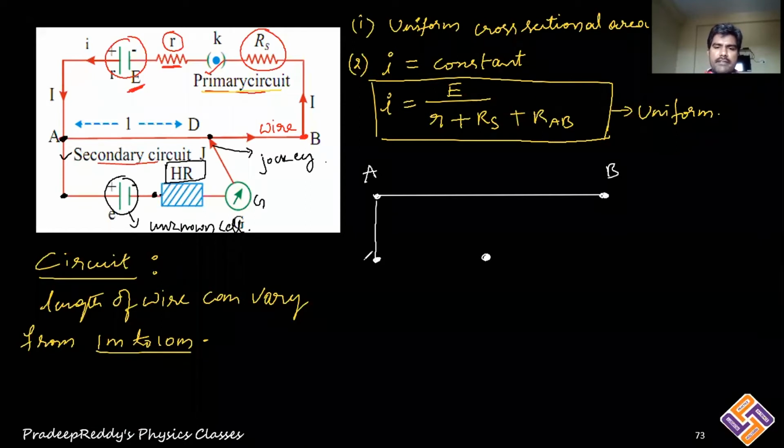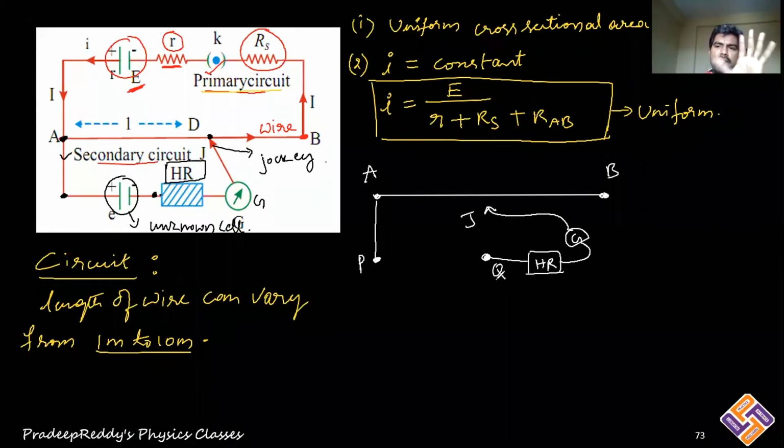AB is a wire and it is connected with these 2 points, and I name these P and Q. From here you are connecting it to a high resistance box, and from here you are connecting it to a galvanometer, and along with the galvanometer you are connecting it to a jockey J. Okay, now in between P and Q, whatever you want you can use.